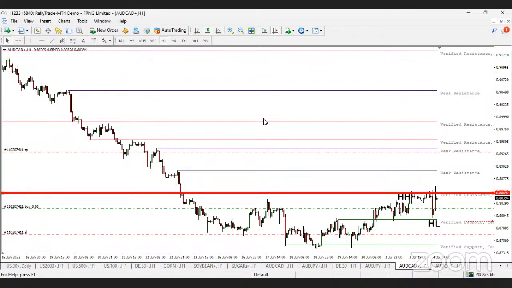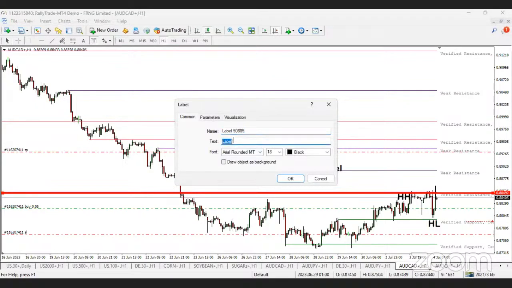So I'm going to type it out, for those of us who are using phone, who might not be able to see this resistance properly. The resistance that we need to see price break is 0.88492.